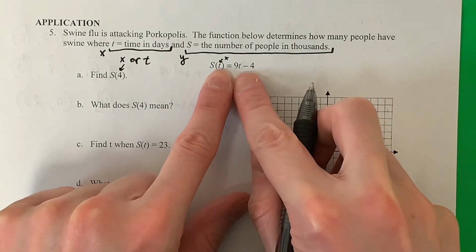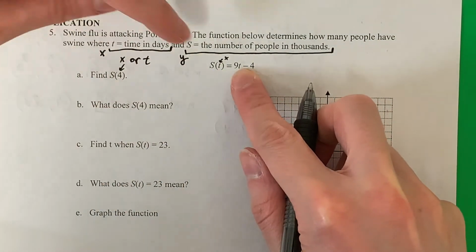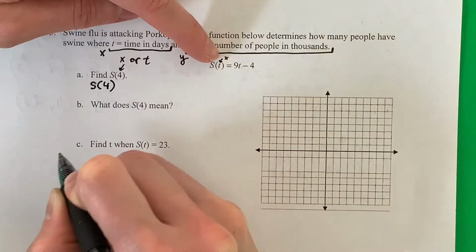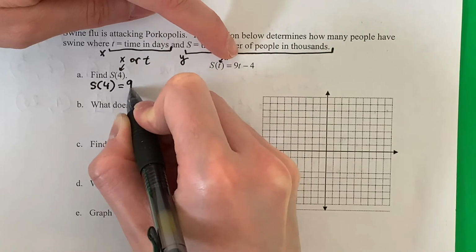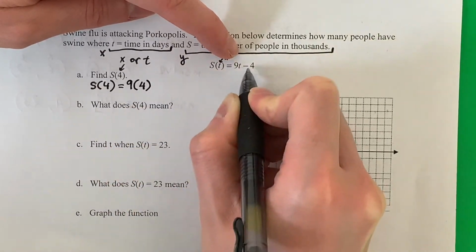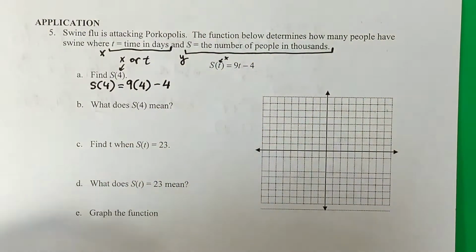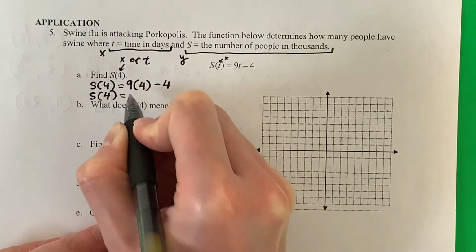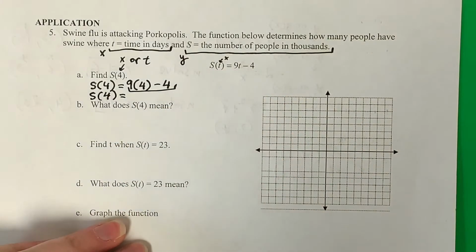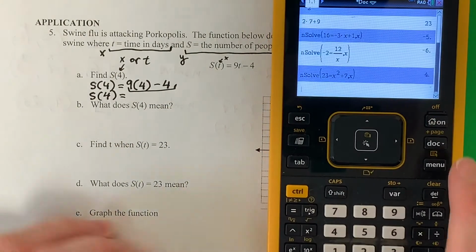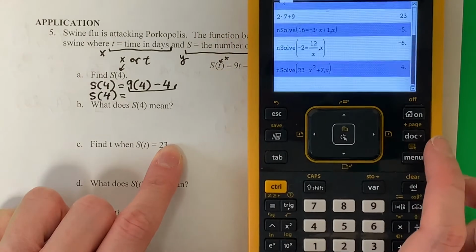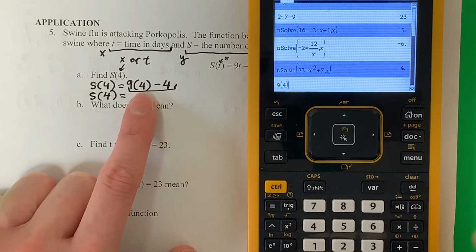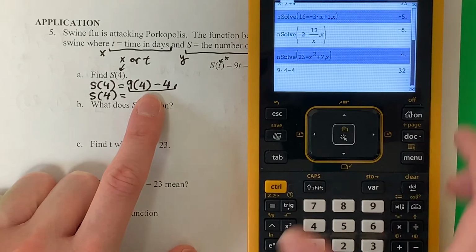So every time there's a t, I'm going to put 4 in there. So I'm going to put s of 4 equals 9 times 4 minus 4. I'm going to copy s of 4 equals, and I'm going to put this in the calculator. So 9 times 4 minus 4, 32.